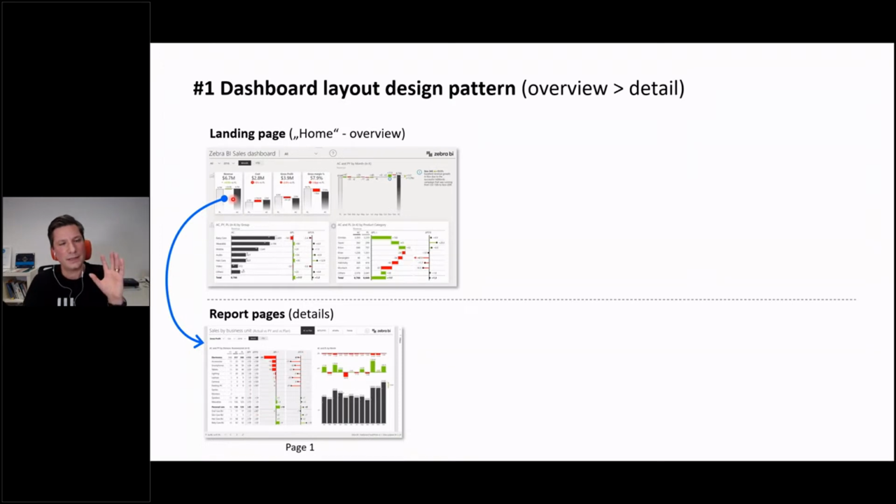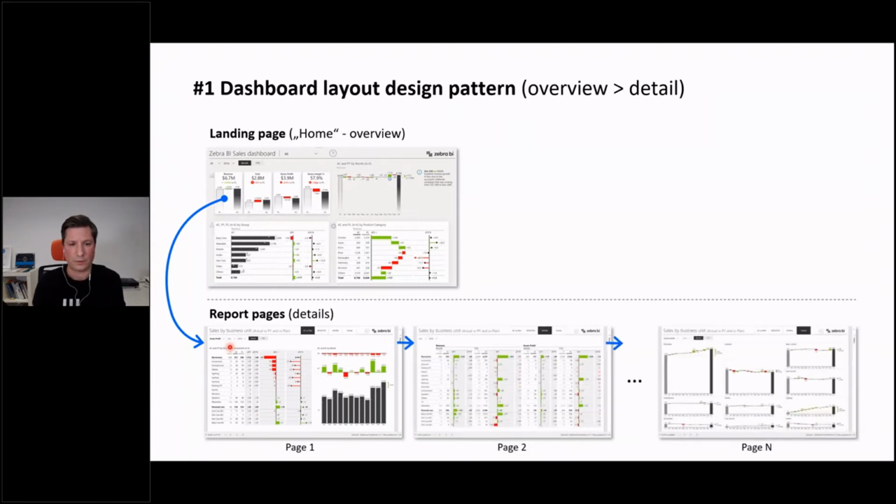That's why you need drill through options in Power BI. So use the drill through in Power BI to go from the landing page to the report pages, right? The report page then will be automatically filtered for the area that I just clicked, right? And I will get more details. I will learn about the situation, gain understanding, and if needed, of course, I will browse through several pages.